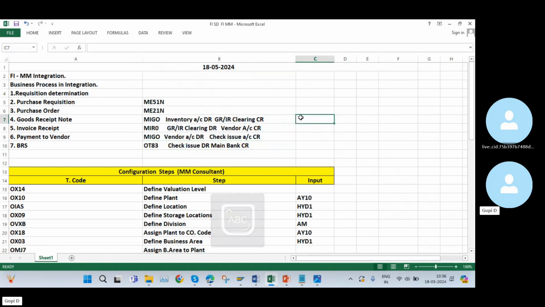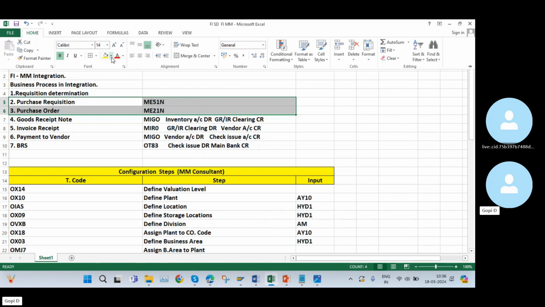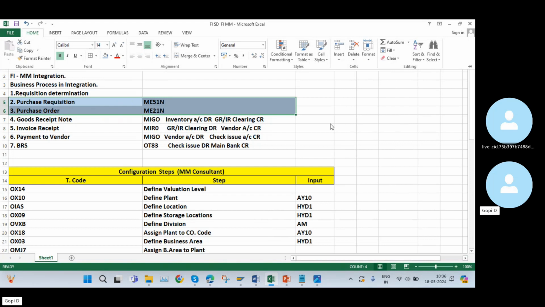Okay, so please try to understand these general entries, especially while we are attending the interview. So we need to explain all these things. At the time of purchase requisition and purchase order, we don't have any general entries. Clear? Why?